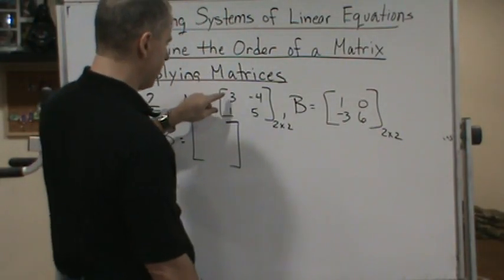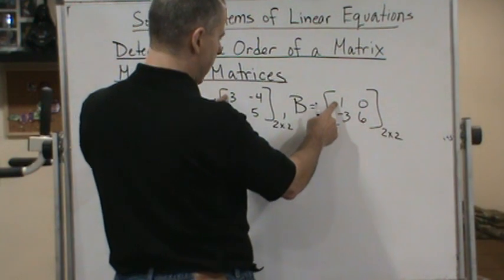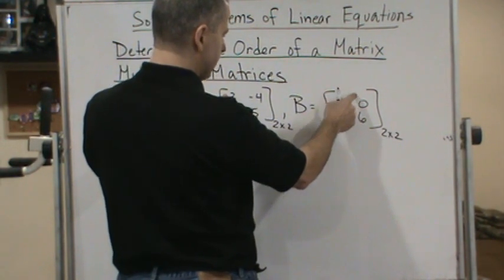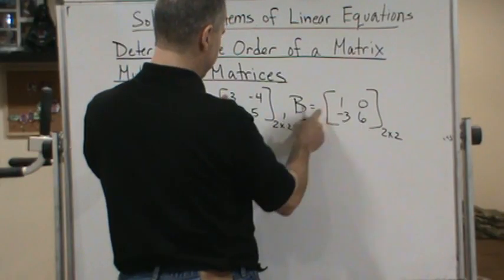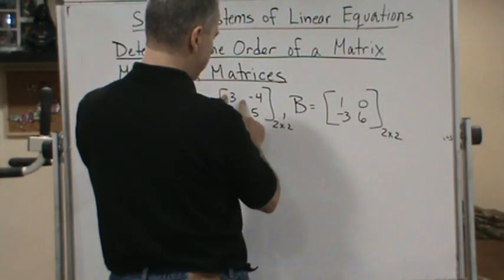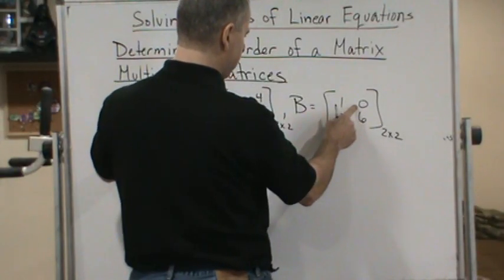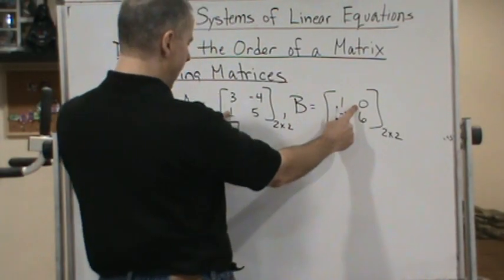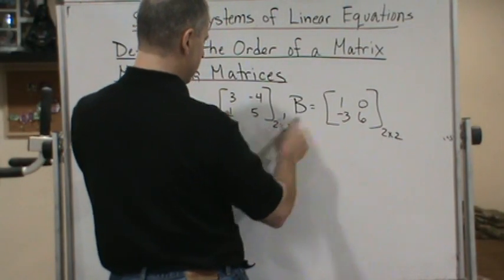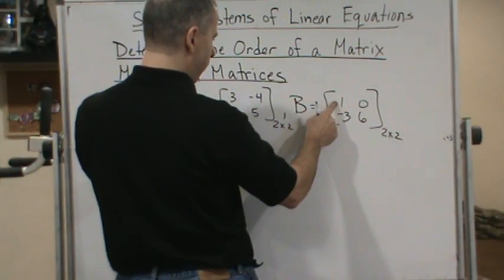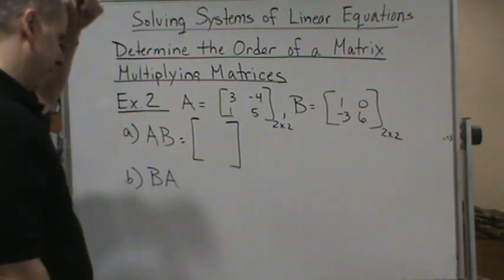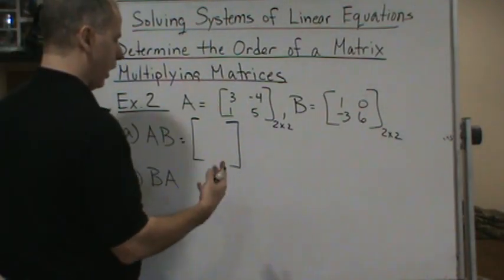We start with the first row, first column. Then we cycle to the next column in the second matrix. So we do first row, first column, first row, second column, and then we go down to the second row and cycle through the columns again. Second row, first column, second row, second column, and that will give us all of our entries.